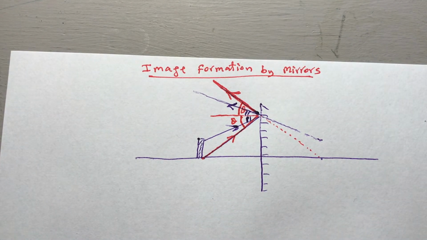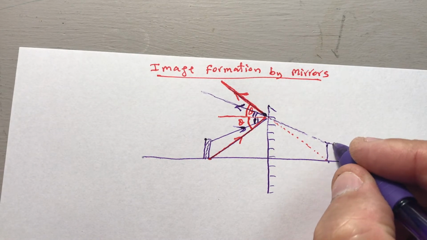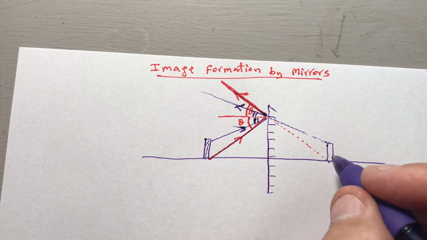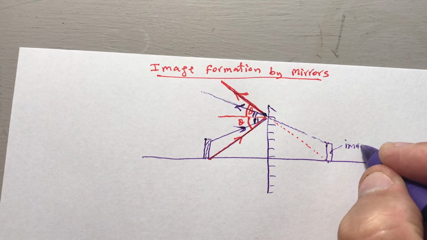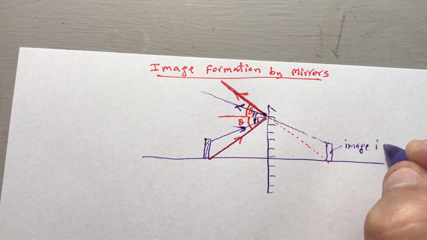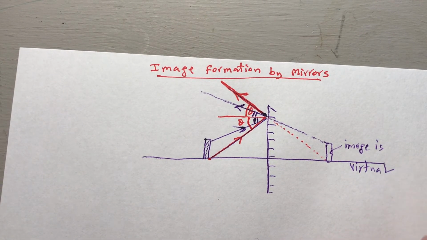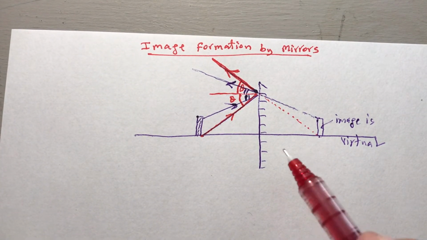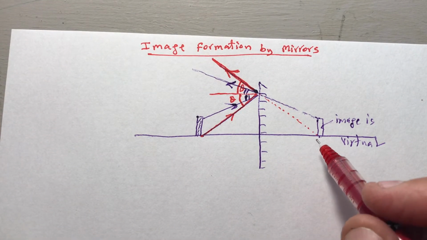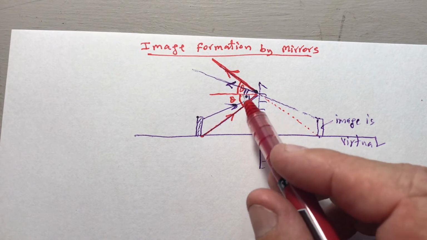And the image will be here. This is the image of that ruler. And this image is not real. The image is virtual. It's not real, it's virtual. So the reason I say that the image is not real is because you can see it's made by the projection of the rays.